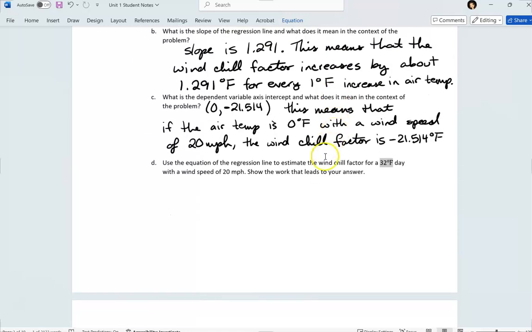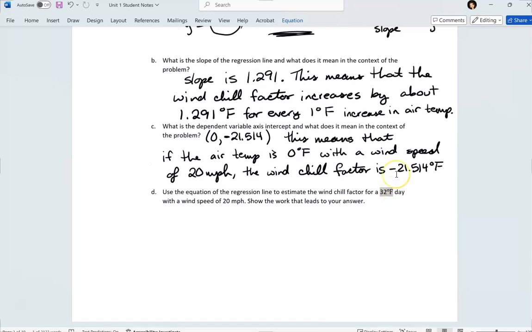So if it's asking for a wind chill factor and it gives you a temperature, we're taking the temperature and plugging it into the equation. The wind speed of 20 miles an hour just means that it's the same equation, it's the same situation, right? Because the wind is moving at 20 miles per hour. So we're going to take 32 and plug it into our equation.